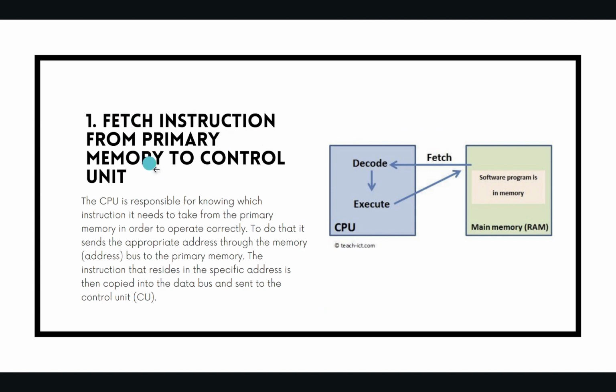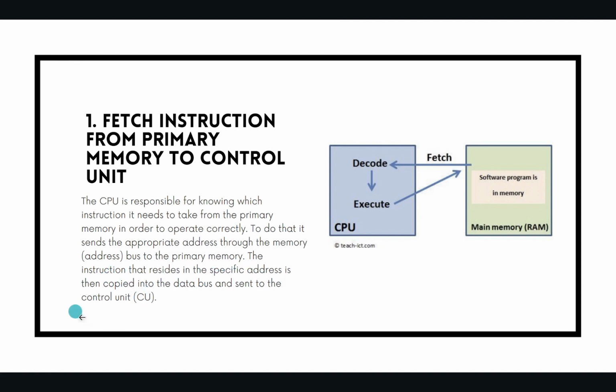So first of all is fetch. Instructions are fetched from the primary memory to the control unit. The CPU is responsible for knowing which instruction it needs to take from the primary memory in order to operate correctly. To do that, it sends the appropriate address through the memory address bus to the primary memory.